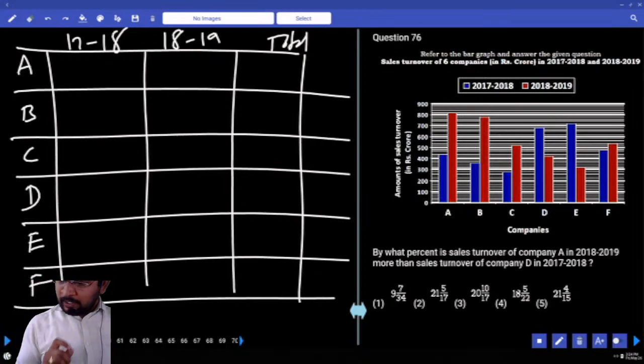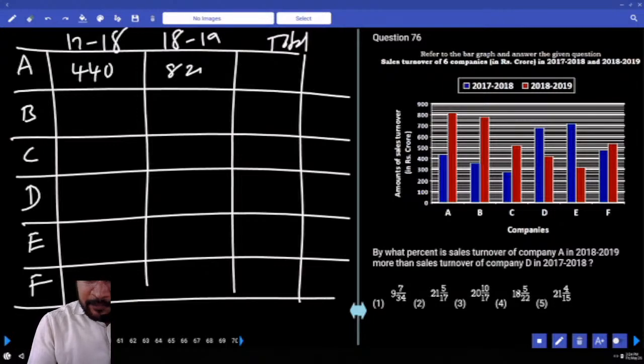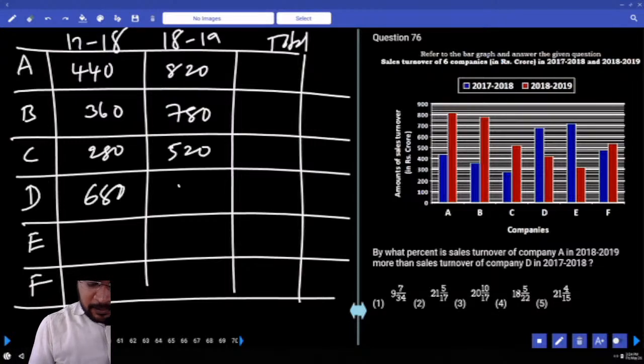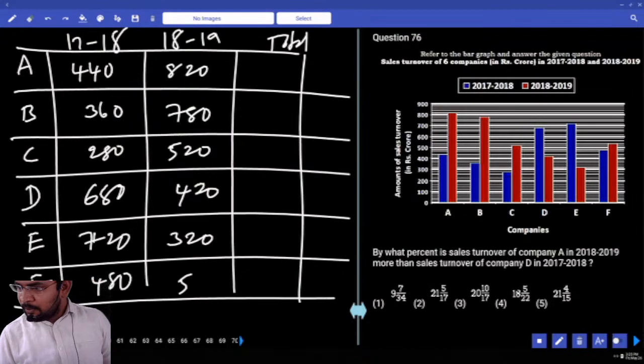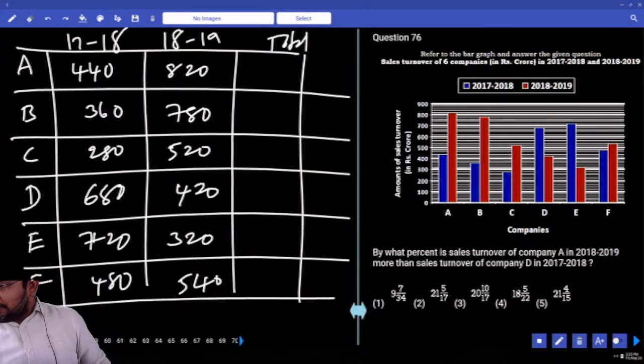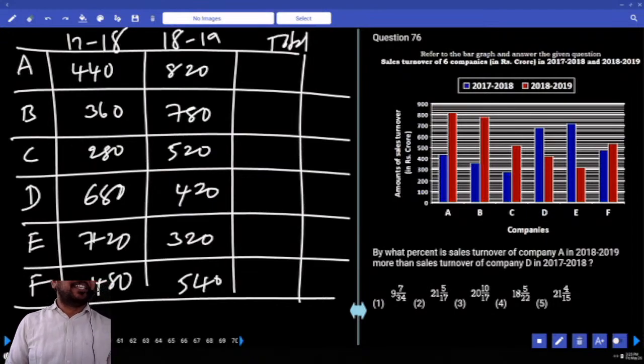Each part is 20. A 440, 820, 360, 780, 280, 520, 680, 420, 720, 320, 480, 540. Can we trust all the values? If answers don't come with the values you told, it's your duty.